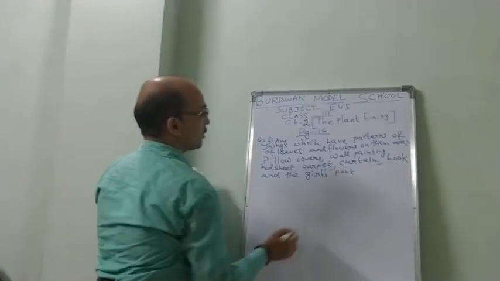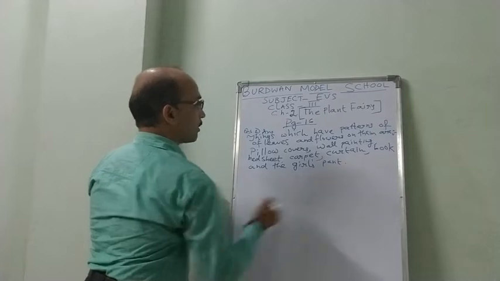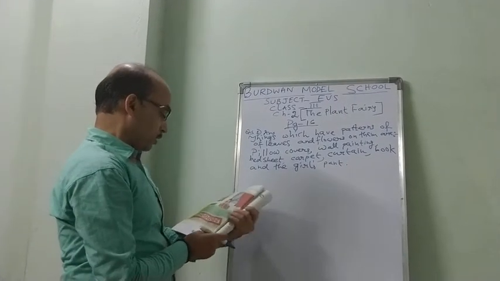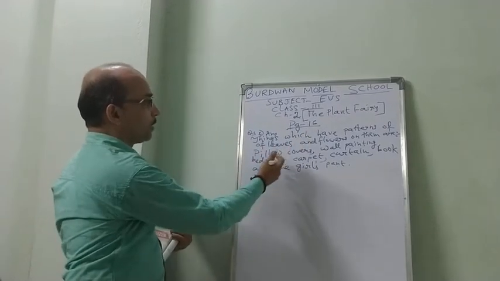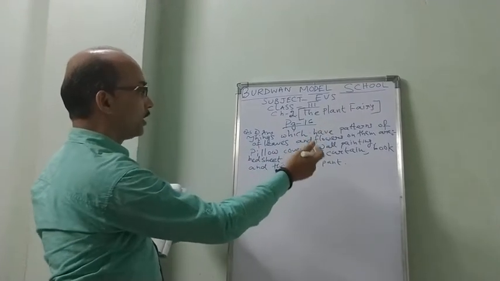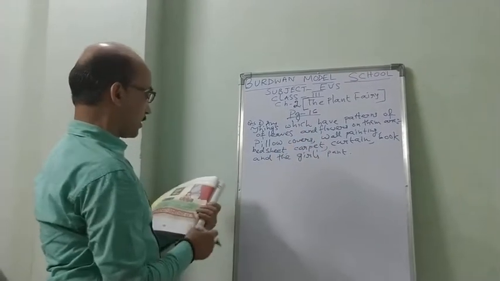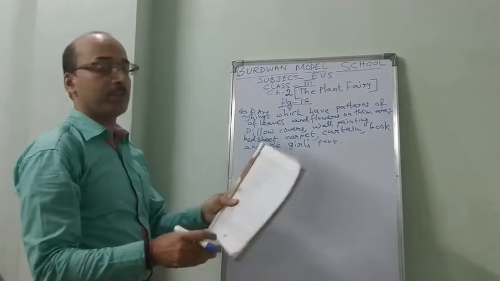That trouser she's wearing, that one, girl's pant. So this one we have completed. Things which have patterns of leaves and flowers on them are pillow covers, wall painting, bed sheet, curtain, carpet, book, and the girl's pant.